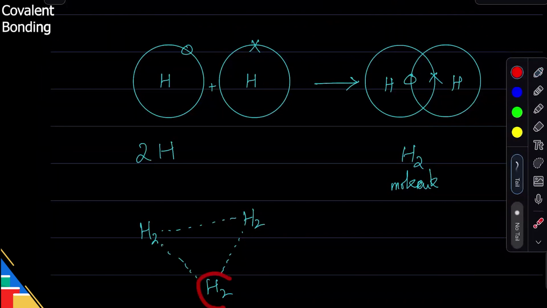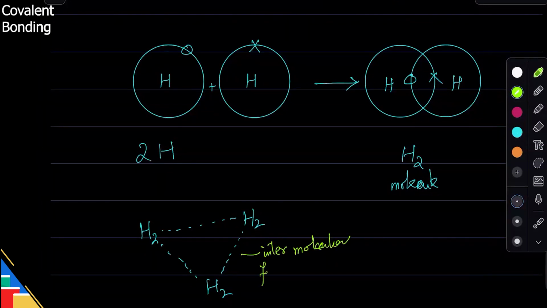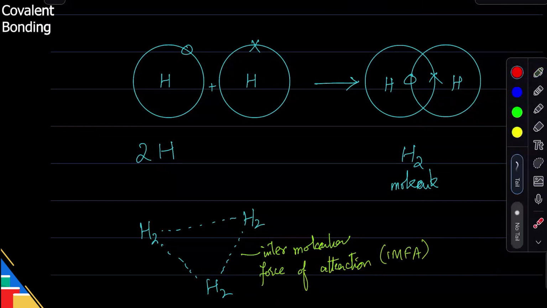So this hydrogen molecule has a shared pair of electrons, it has covalent bonding inside it, but it also has what we call intermolecular force of attraction, IMFA. And this is between two molecules. So covalent bonding is inside the molecule, but IMFA is between the two molecules.